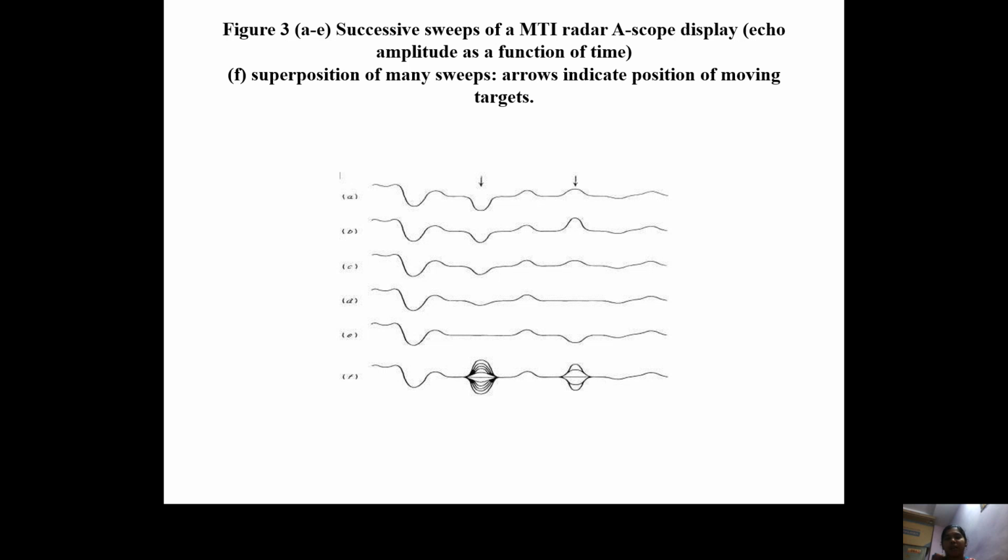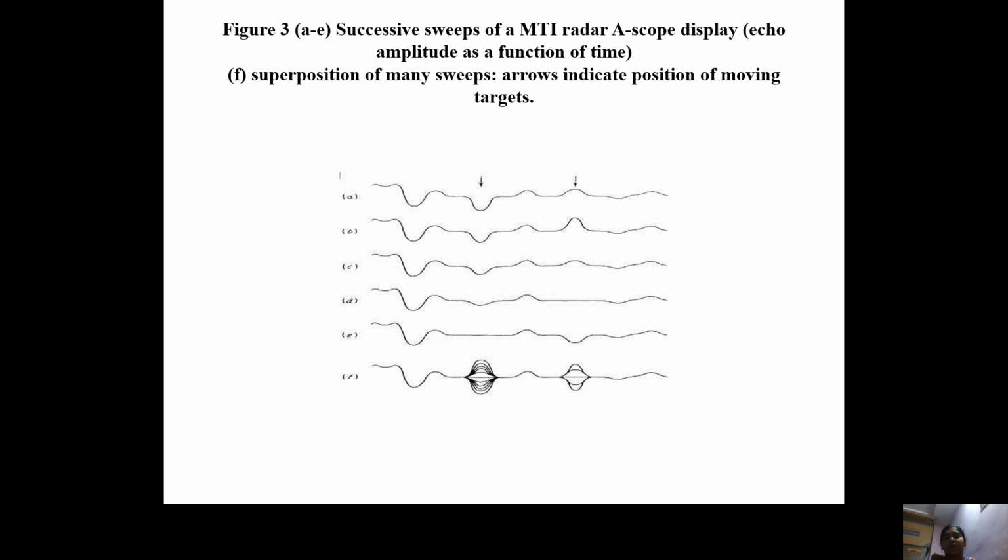Their voltage is continuously changing, which is nothing but the V difference voltage. That is why you can see many sweeps on one another. Superimposition means one on another. So you can see incremental voltage to decremental voltage, or decremental voltage to incremental voltage.